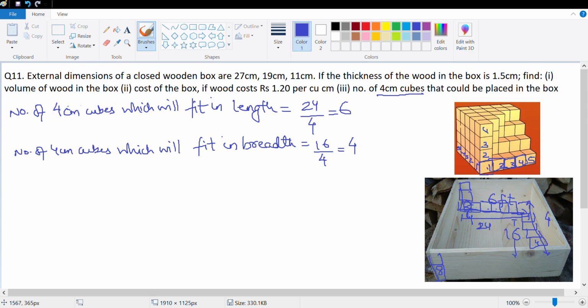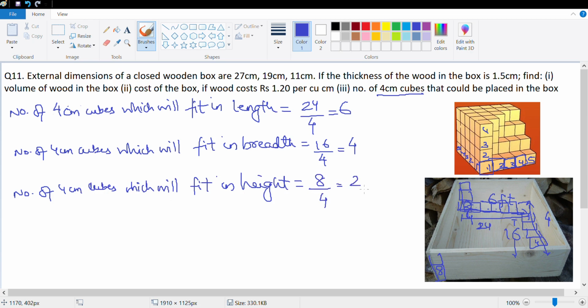So that's the number of rows, number of columns, and the depth. Therefore, number of 4 centimeter cubes which will fit in height would be equal to internal height upon each edge, which is 2.